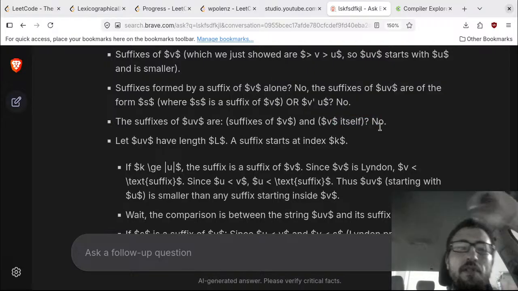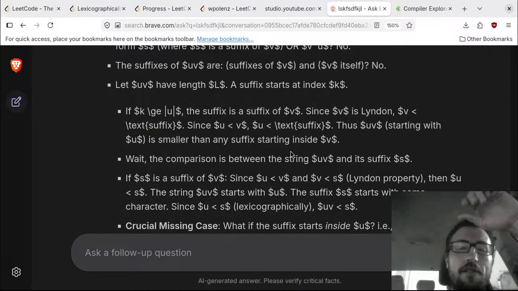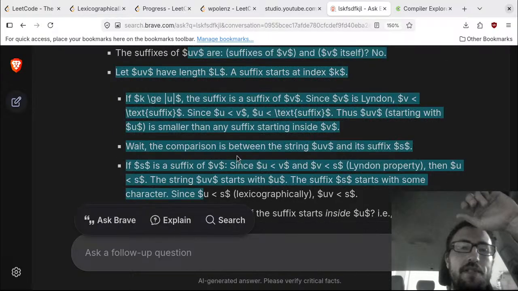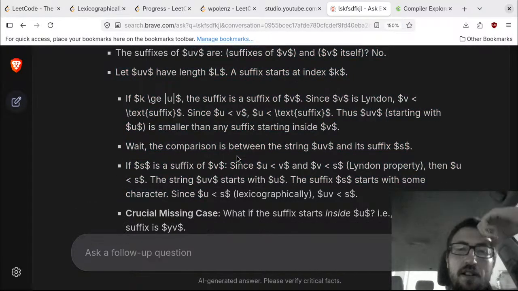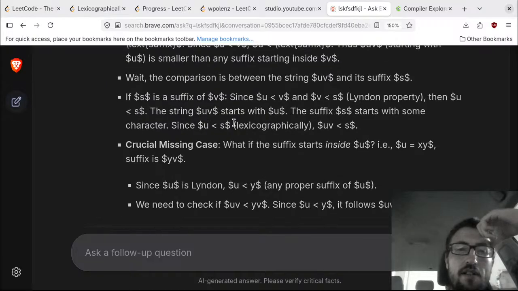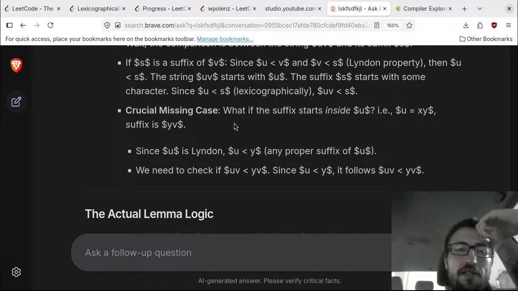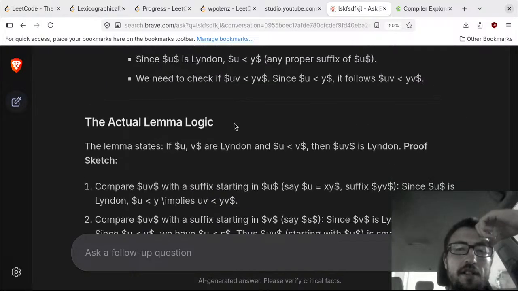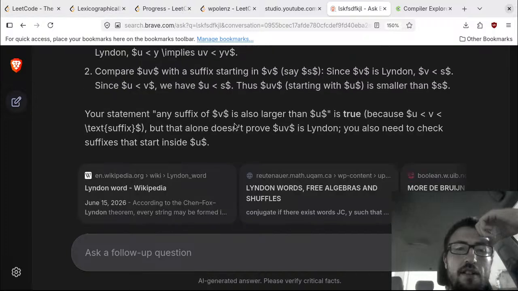I'm kind of getting a little bit lost in what it's trying to express here. Crucial missing case, the actual lemma logic. Your statement is true, but that alone doesn't prove UV is Lyndon.